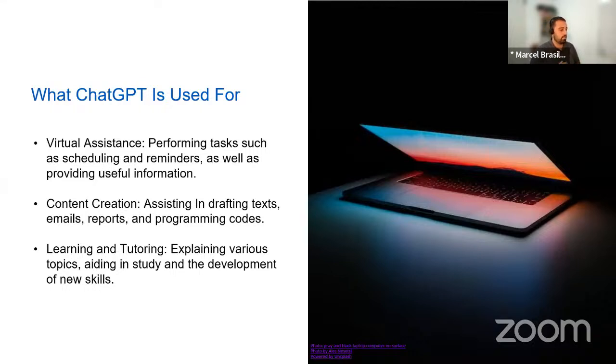ChatGPT is also used for content creation. It is an assistant in drafting texts, emails, reports, and programming code. ChatGPT creates new content, which is why developers usually use it to create code.